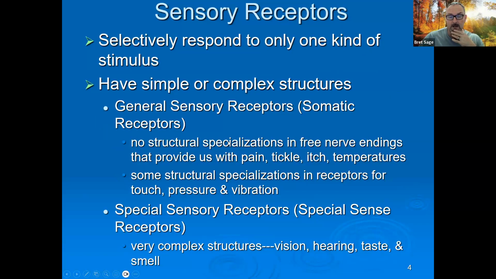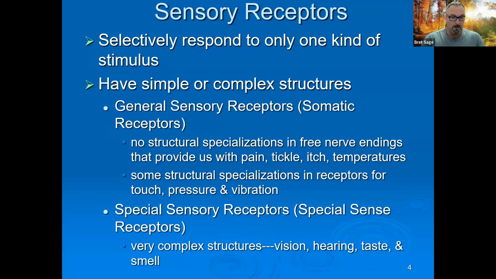We talked about selectivity already, so there you go again. Sensory receptors have simple or complex structures. So general sensory receptors, such as somatic receptors, can have no structural specialization, in free nerve endings that provide us with sensations such as pain, tickle, itch, and different temperatures. Those are not structurally specialized. And what we're talking about now is a neuron with free dendrites into the tissues.